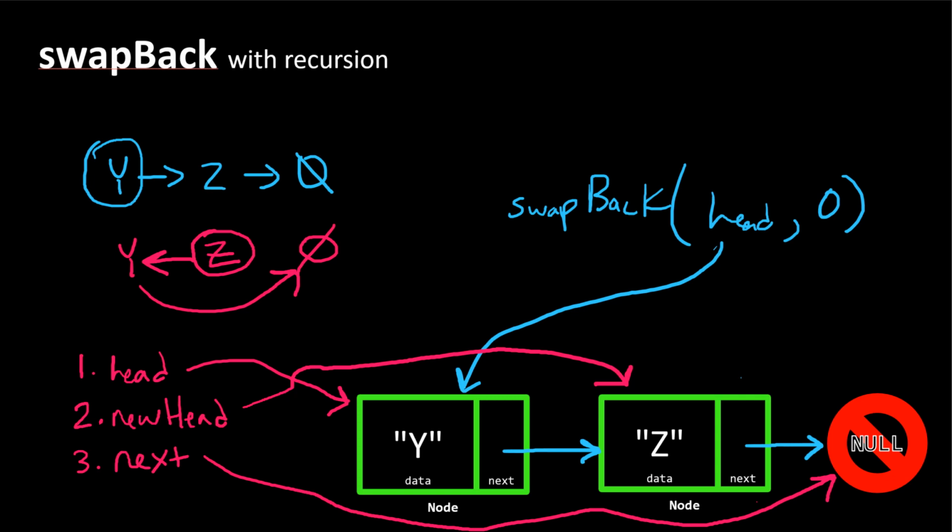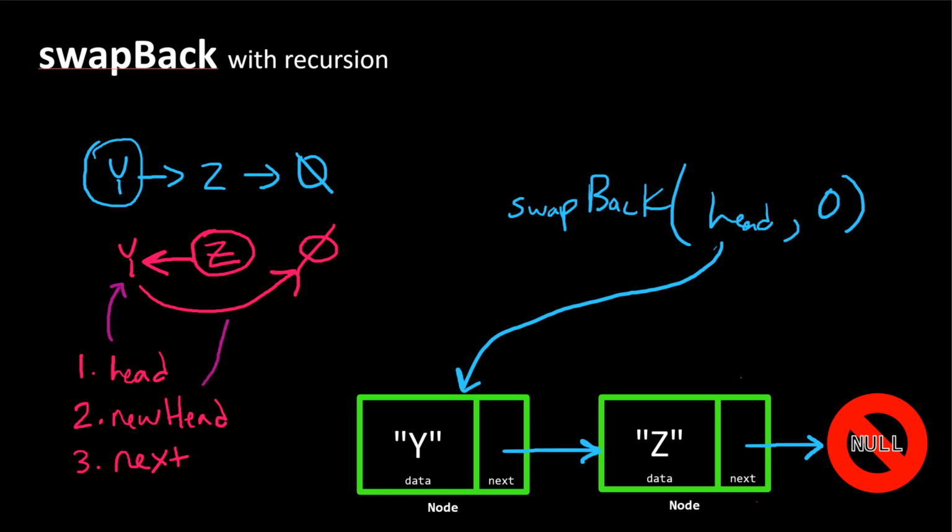All right, so if I use a different color here to also assign each of these labels to their original letters, head was y in this case, new head is z, and next was whatever came after new head originally.